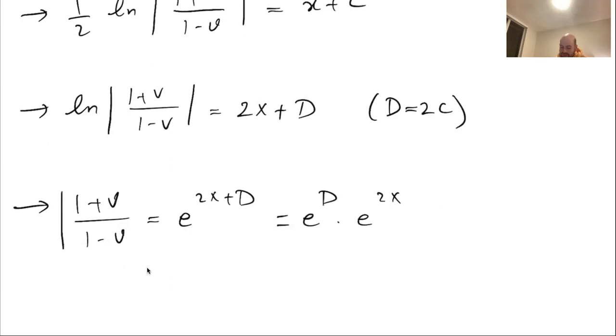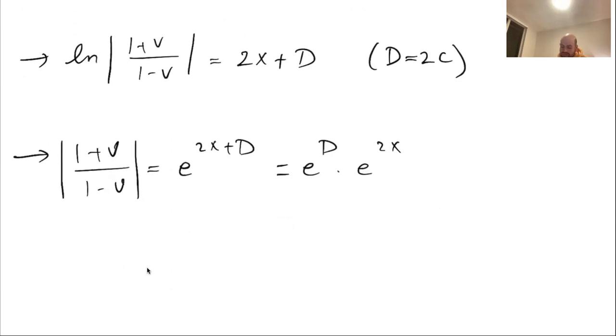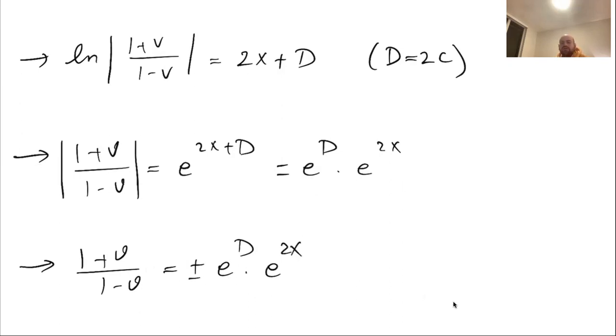And so this one in absolute value is equal to this. And then I can say 1 plus v divided by 1 minus v equals plus minus e to d times e to the 2x. Right? See, ln of some expression is 2x plus d. That means that expression will be e to power 2x plus d, which can be written as e to power d times e to power 2x.